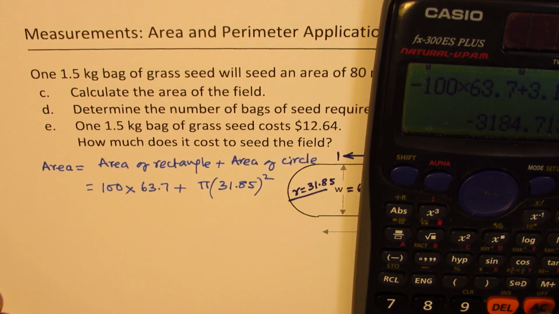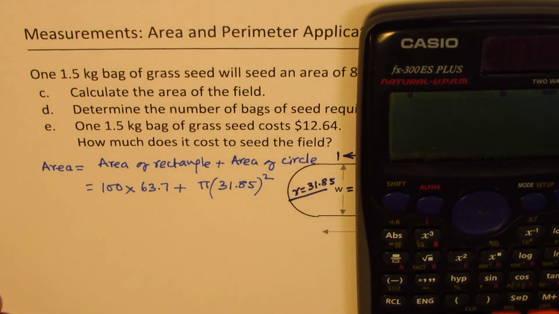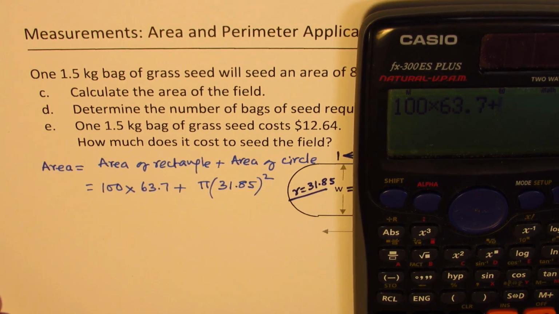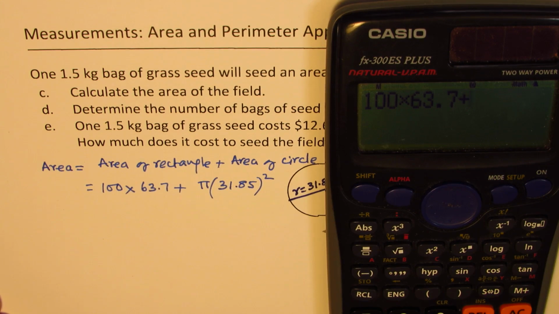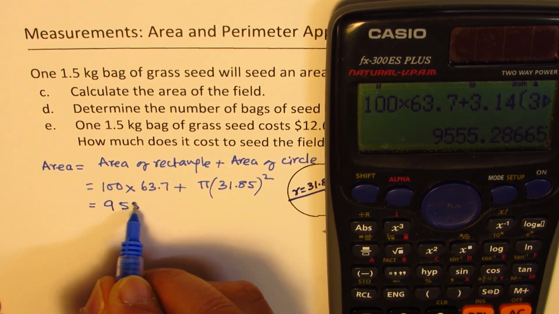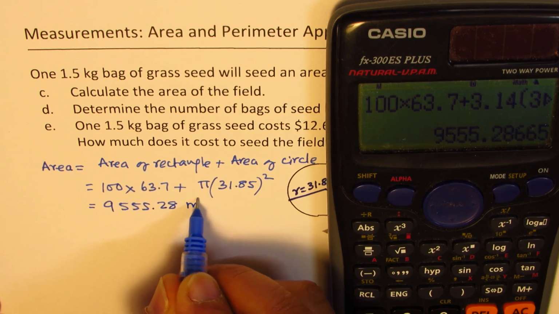which, sorry, something wrong. Okay, so let's calculate this area now, which is 100 times 63.7 plus pi r square, so pi is 3.14 within brackets 31.85 square, and that gives you area of 9555.28 meters square, right?